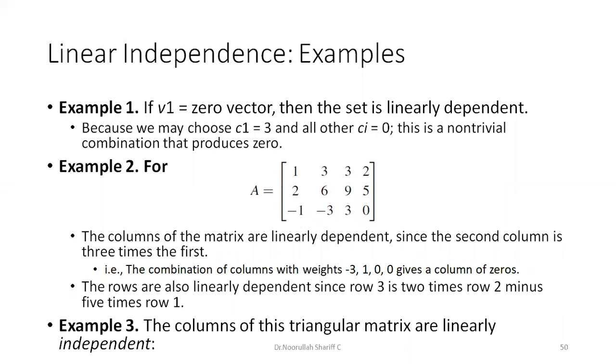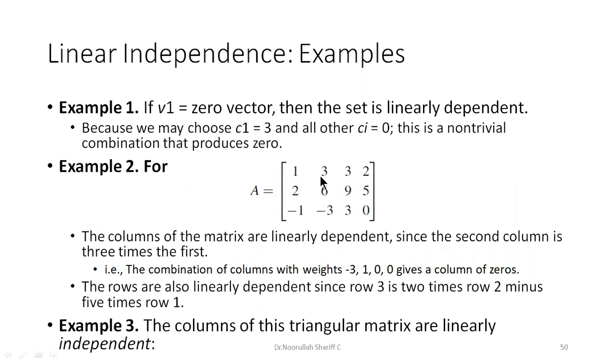So one column is a multiple of the other. The columns of the matrix are linearly dependent because the second column is a multiple of the first column. Second column is 3 times the first.